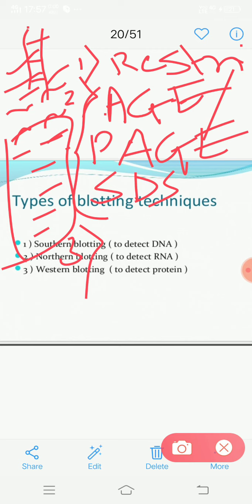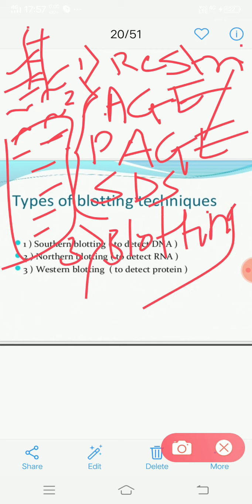After separation, the third stage is to transfer this, or make a replica of this gel onto the blotting paper. Third step is blotting. A blotting paper is required. Suppose this is a gel, you put your blotting paper on this gel and give some pressure in the presence of buffer.